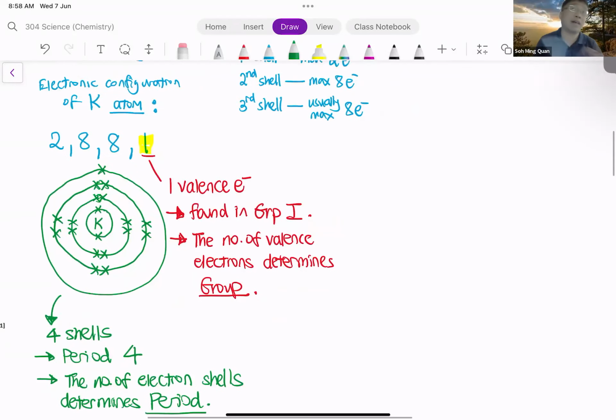This is crucial. It is commonly tested as an MCQ or even as a structured question. You need to know it's in group 1 because it has 1 valence electron. It's in period 4 because it has 4 shells of electrons. So this is crucial information obtained from the electronic configuration. Please take this down now.